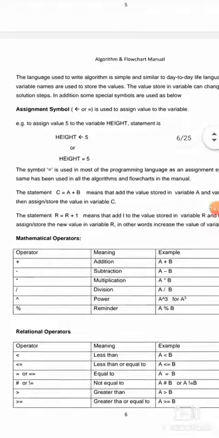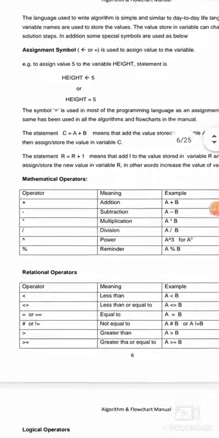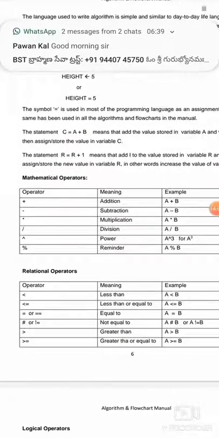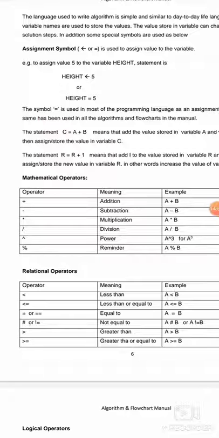Now moving to the next thing, when you write mathematical operations, a plus b is addition, and subtraction, you can take two variables a minus b. When you talk about multiplication, we're going to use the star mark, because the normal multiplication symbol cannot be used on the keyboard. Division is a slash, a by b.